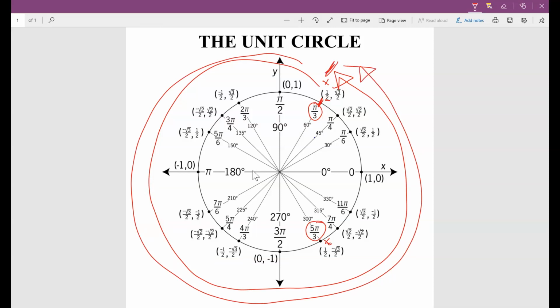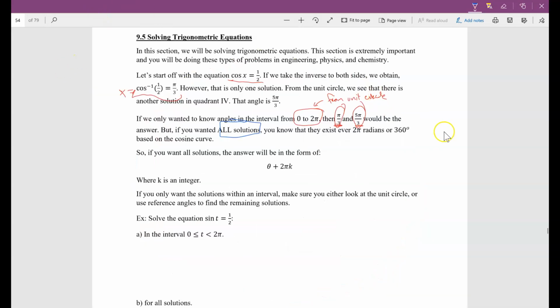Same thing with the other one. So there are infinitely many solutions. If you want all possible solutions, all you have to do is add 2 pi or 360 degrees to your solutions.